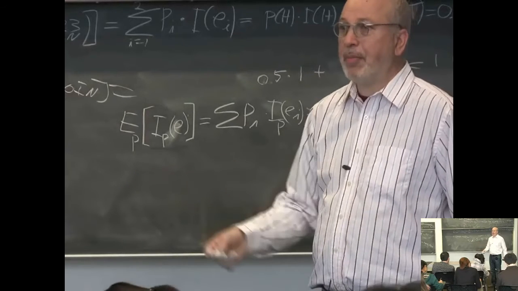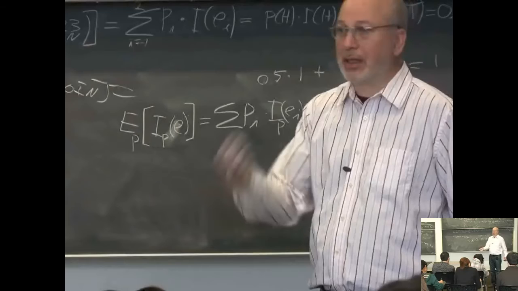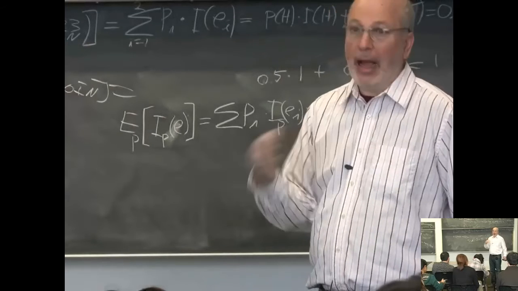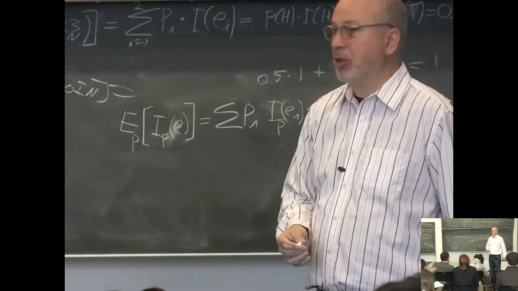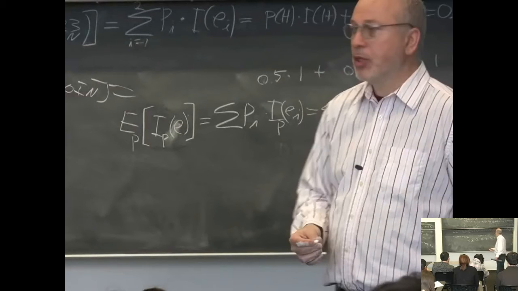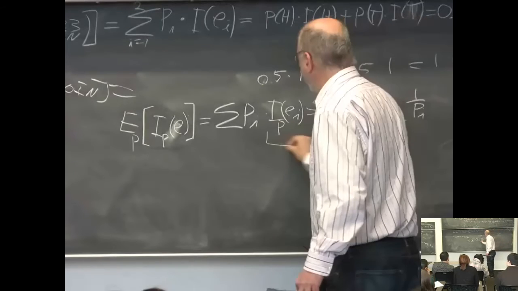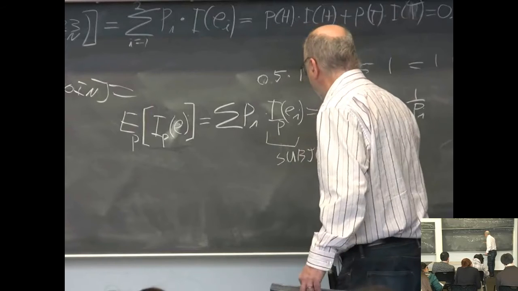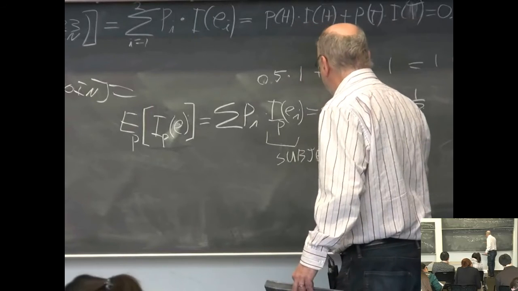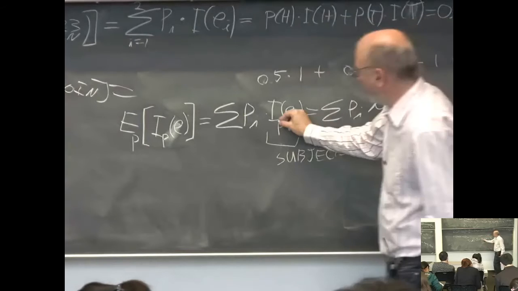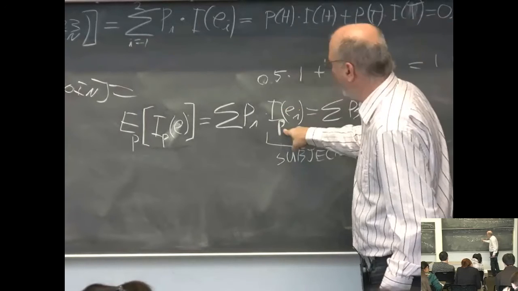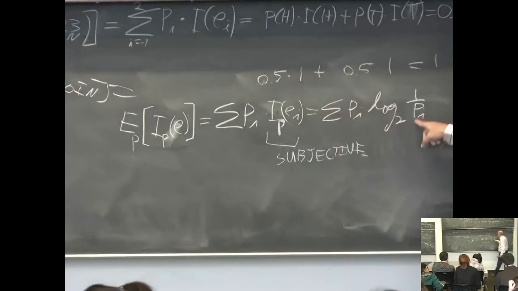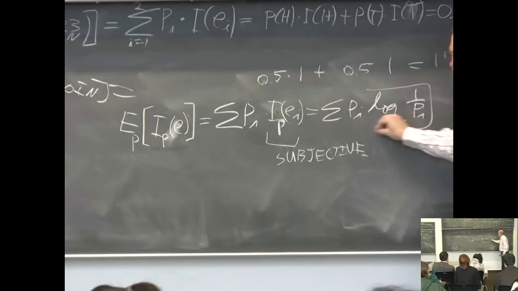So if something happens that the whole world knows is common, but I think is rare, I'm going to be surprised. The rest of the world is not going to be surprised. So this measure is subjective. It's relative to my belief about the world. So this is why I wrote this P here. It's the P that drives the information measure.